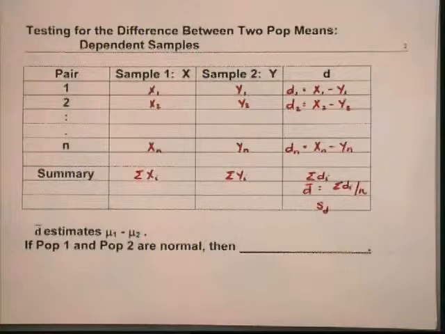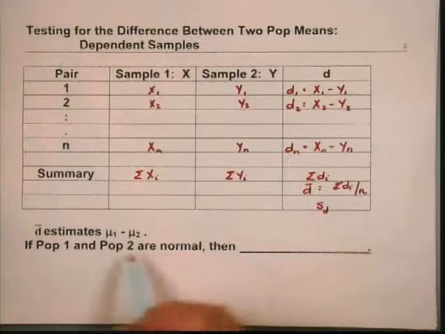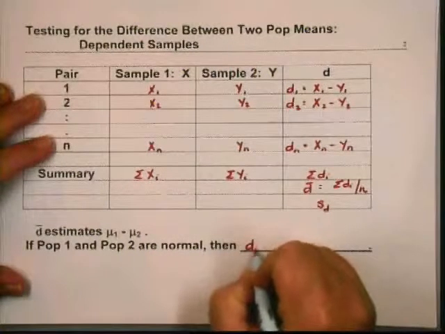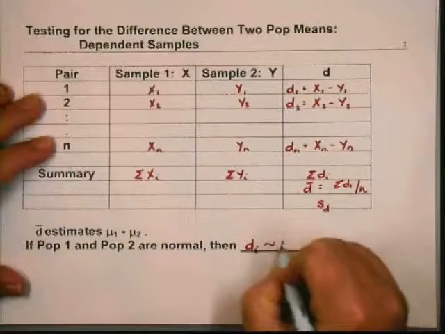So this value d bar estimates the true population difference between the means mu1 and mu2 in the same way that y bar estimates mu in the single population, single sample case. This value of d bar measures the true difference between the two population means. If our populations 1 and 2 are normal, then so are all the differences di. So the di's would be normally distributed.